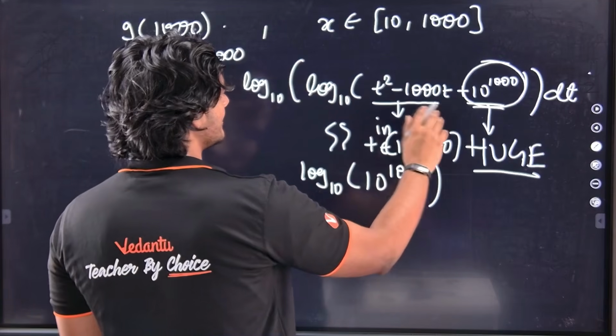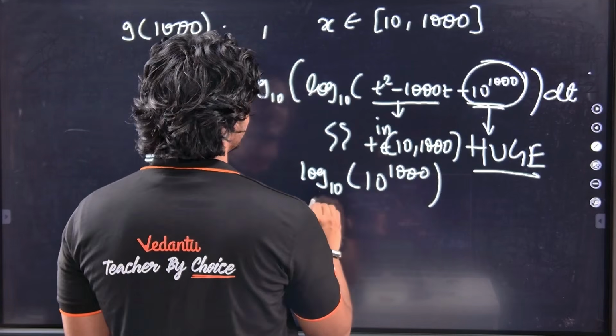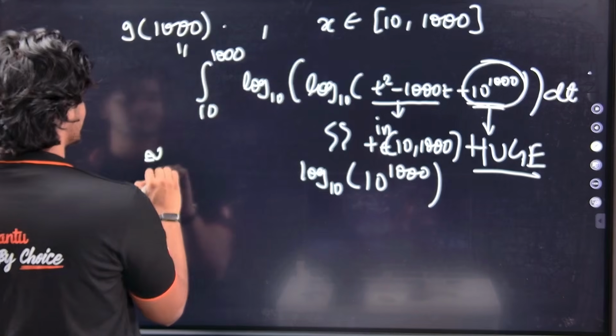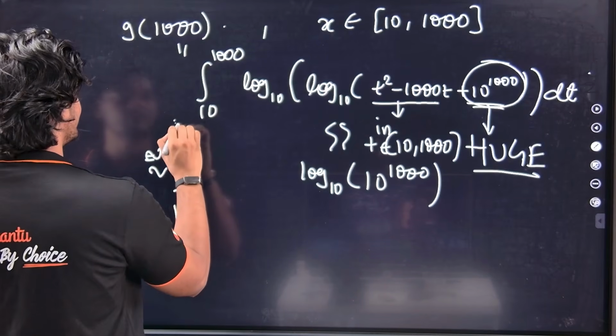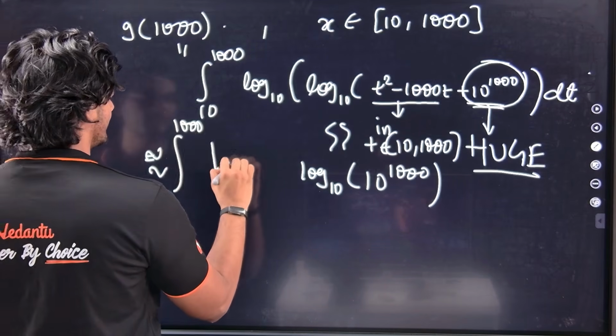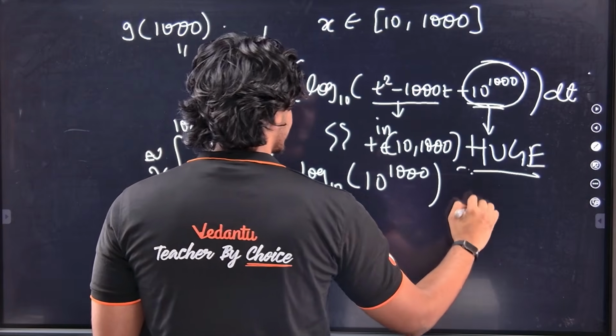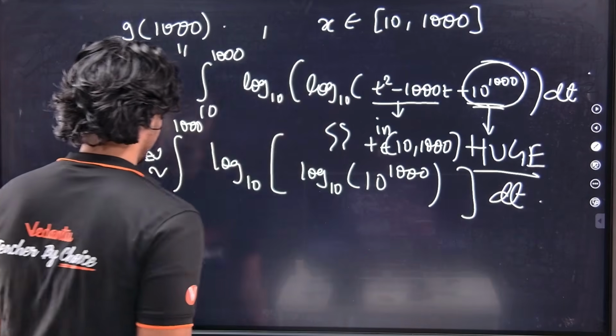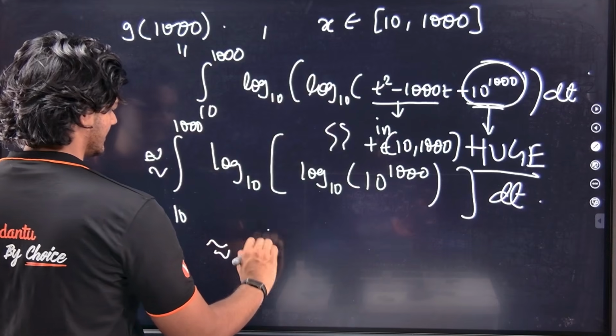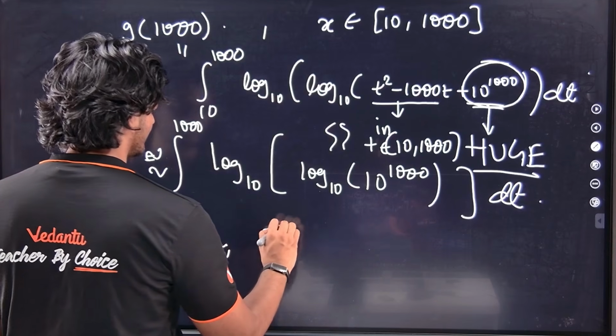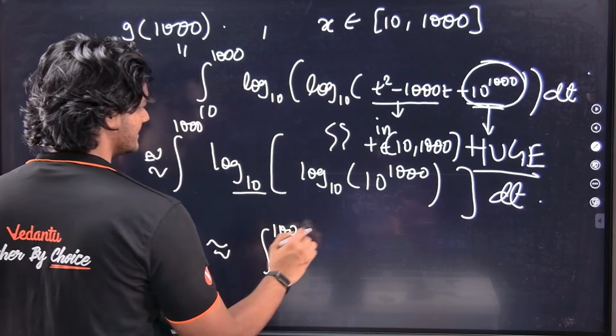So basically you can simply write this down, that this is approximately the integral from 10 to 1000 of the logarithm of this dt. So this will be approximately the integral from 10 to 1000 of log base 10 of what is this?